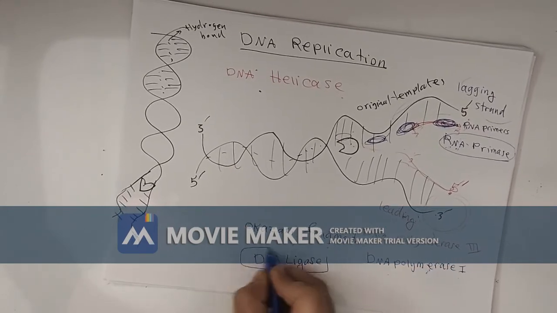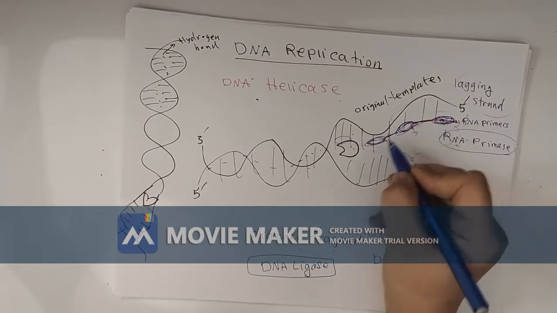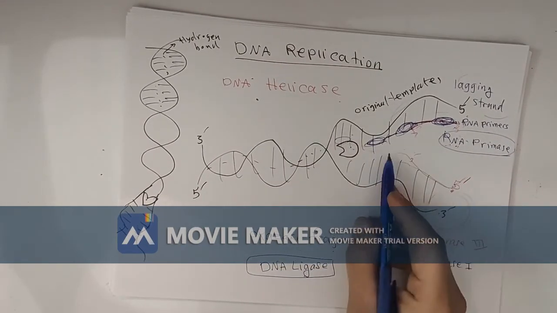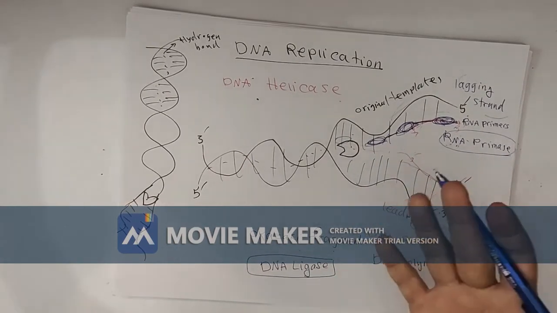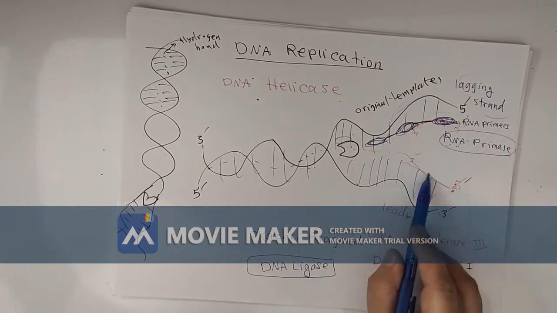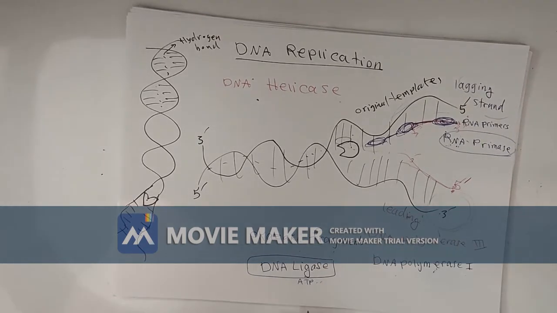DNA ligase comes and connects all those Okazaki fragments made by the DNA polymerase 3 together. It uses ATP, or energy, to do this job.